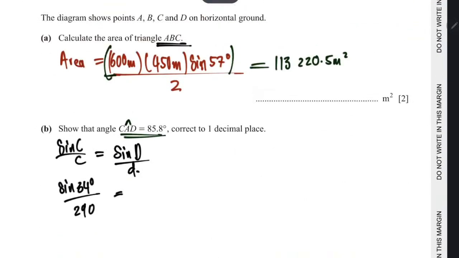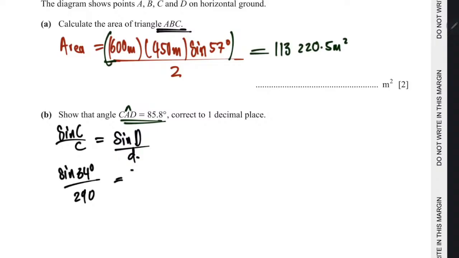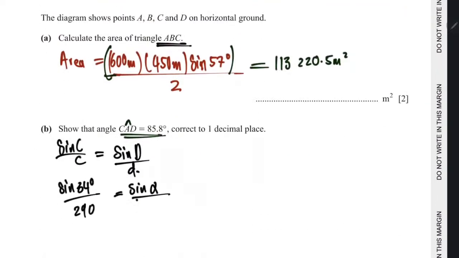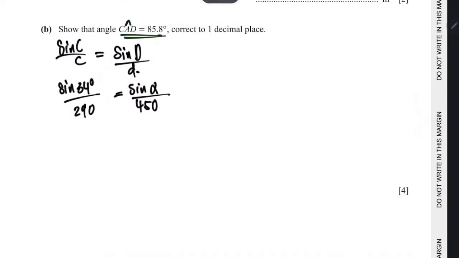And it will be equal to sine of this capital D, which is alpha. So this would be sine alpha over small d, which is 450, and that's it. So now you got to find alpha. You take 450 to the other side. You say 450 times sine 34 over 290.